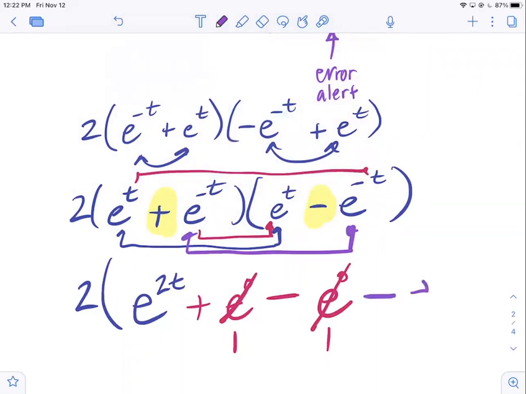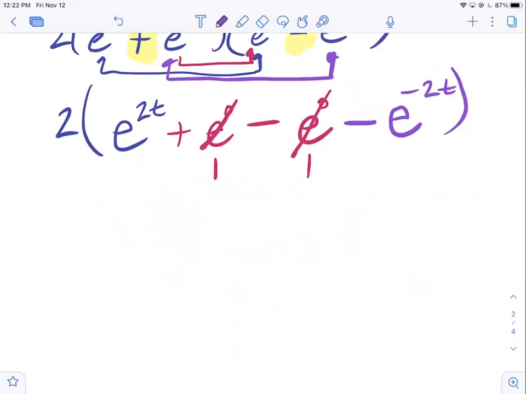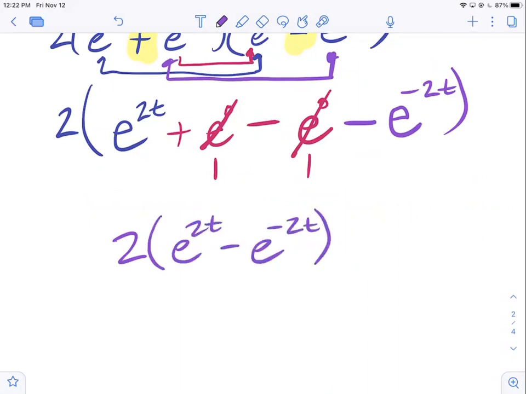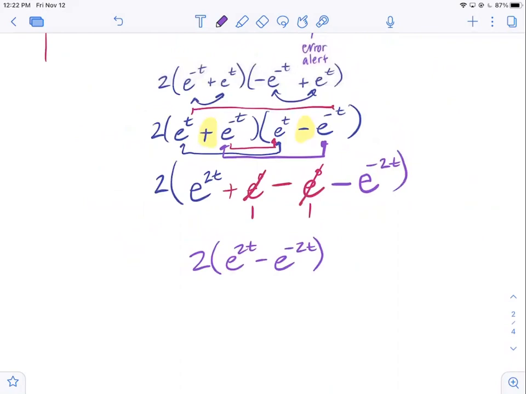So it's negative e to the, and remember when the bases are the same and we're multiplying, we add the exponent. So it's e to the negative t times e to the negative t, e to the negative 2t, right? Right. And now if we simplify, we get 2 times e to the 2t minus e to the negative 2t. There you go. That would probably be the answer.